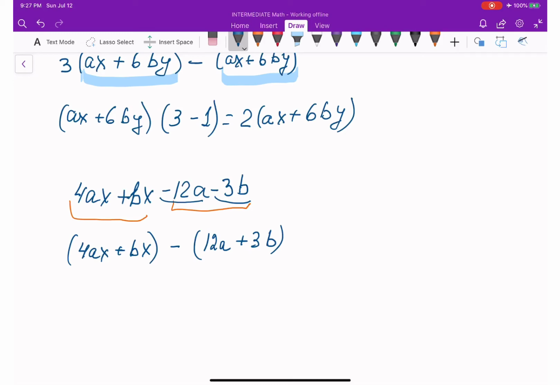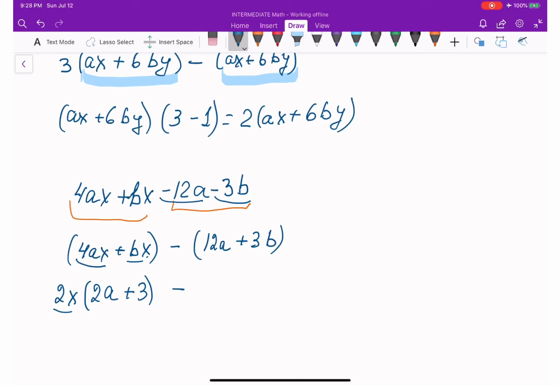Let's say 4 and 6, common factor, it's going to be 2, right? And I can take x also out, both of them have x. So what will be left from here? 4ax divided by 2x. 4 divided by 2 is 2. X will be gone and I have a. Okay, 6x divided by 2x. It's going to be 3, right? Plus 3. Now here, 12a and 3b.